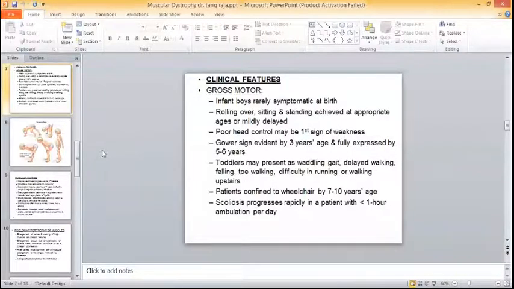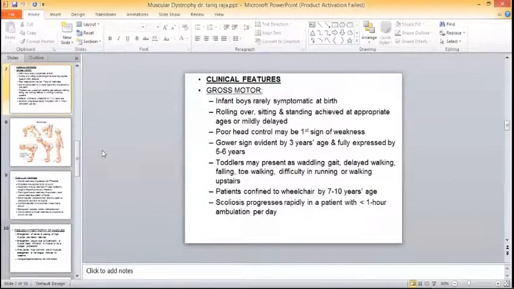The first and classical sign which we usually encounter in clinical setting is Gower's sign, which is usually evident after 2 years, and in 95% of cases it is perfectly evident at 3 years of age and fully expressed by 5 to 6 years of age. So we have to pick it early to diagnose it early.